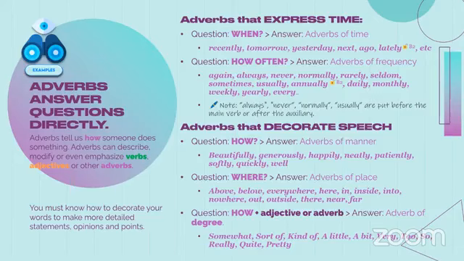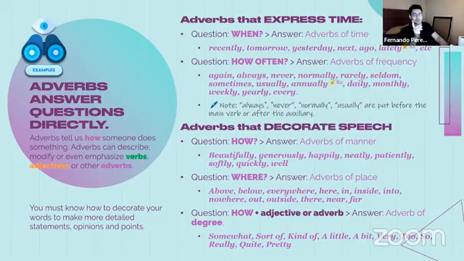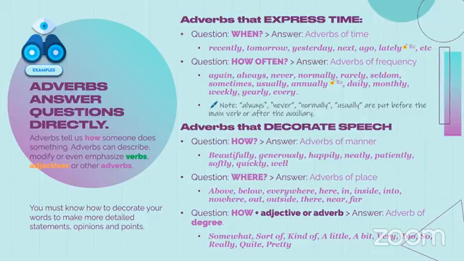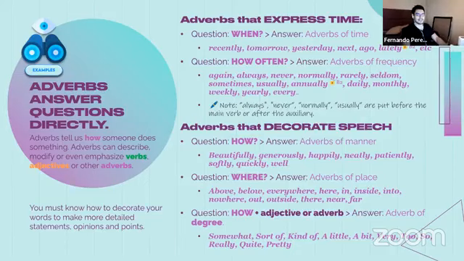Can you repeat? Of course. The word breakfast is a noun. How do you describe a noun? With adjectives, right? So when you use the word quick, quick is an adjective.